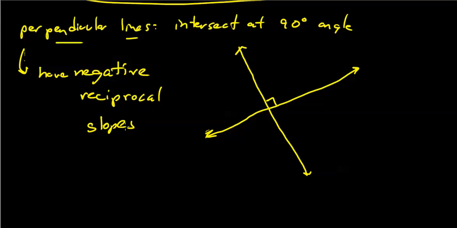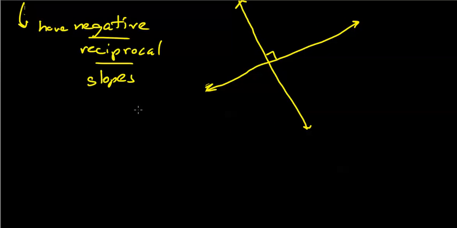And most students don't have too much trouble with the parallel case, but with the perpendicular case, sometimes this gets mixed up, so please remember this. In other words, well, let me give you an example.